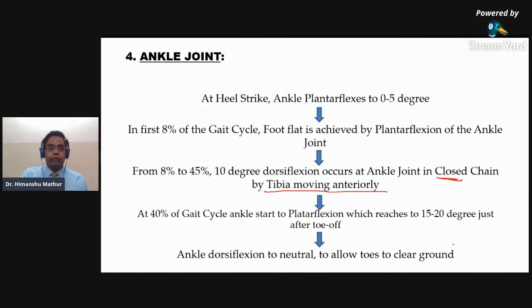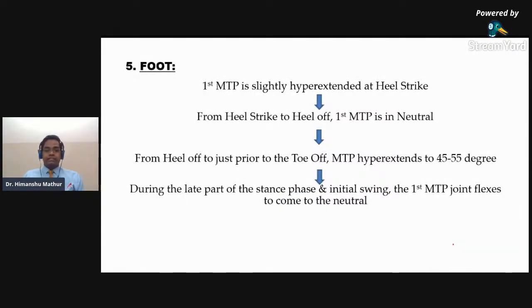Okay, now the foot. The first MTP is slightly hyperextended at the heel strike. It is very slightly hyperextended. From heel strike to heel off, the first MTP is neutral, but at the time of heel off, the first MTP joint goes into extension. Okay, from heel off to just prior to the toe off, the MTP goes into hyperextension of say 45 to 55 degrees.